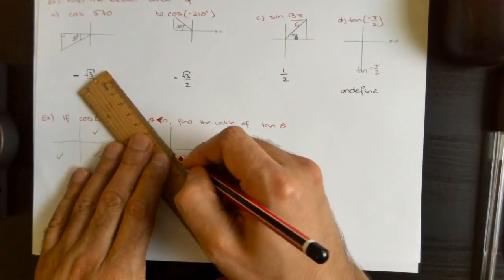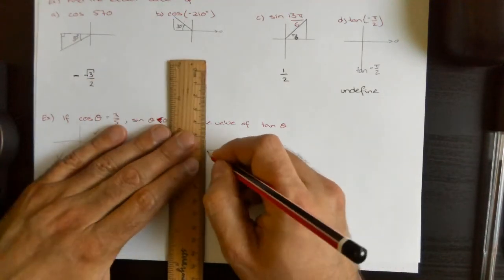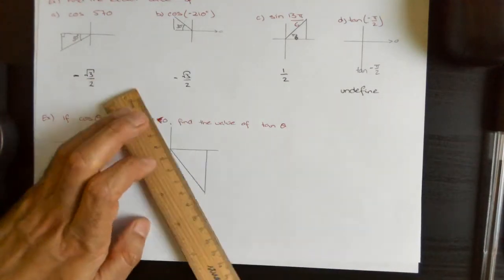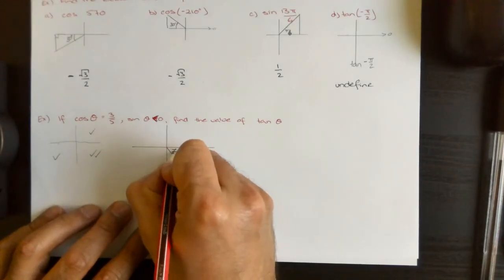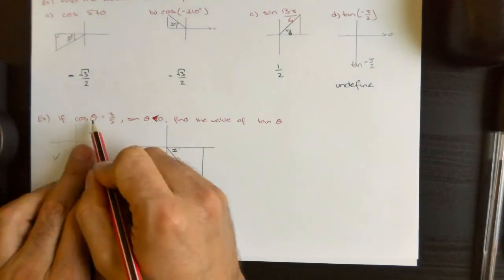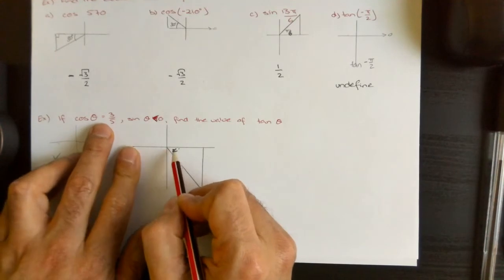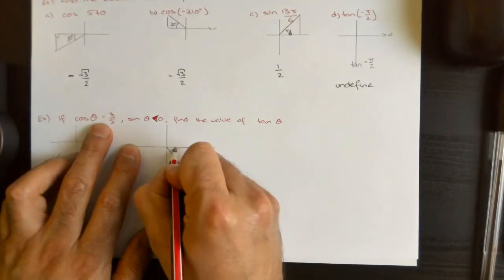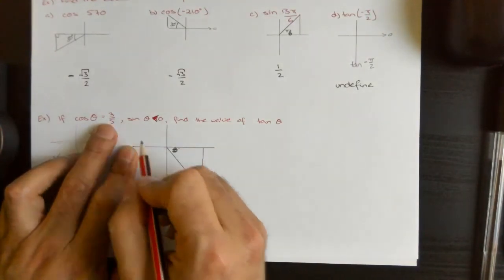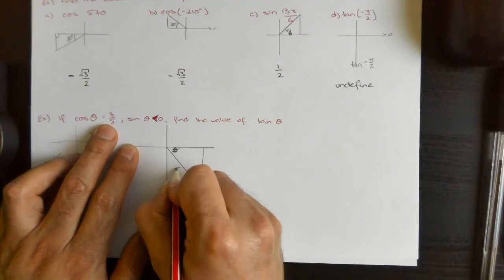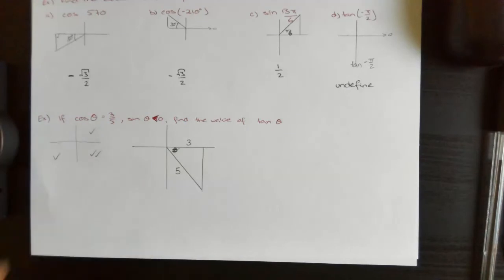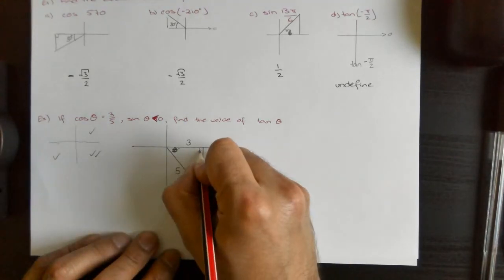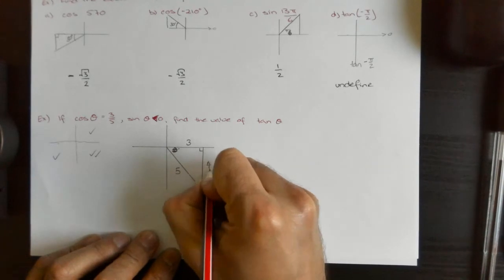If I make a triangle like this, I'm looking at this angle here. Let's call it theta. So cos of this angle theta is 3 over 5. That means adjacent over hypotenuse, so using Pythagoras, I can figure out that this side here is going to be 4 units.